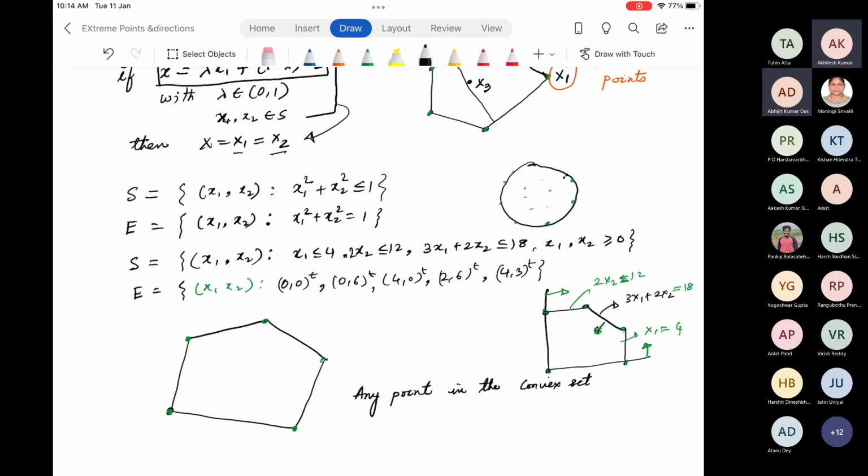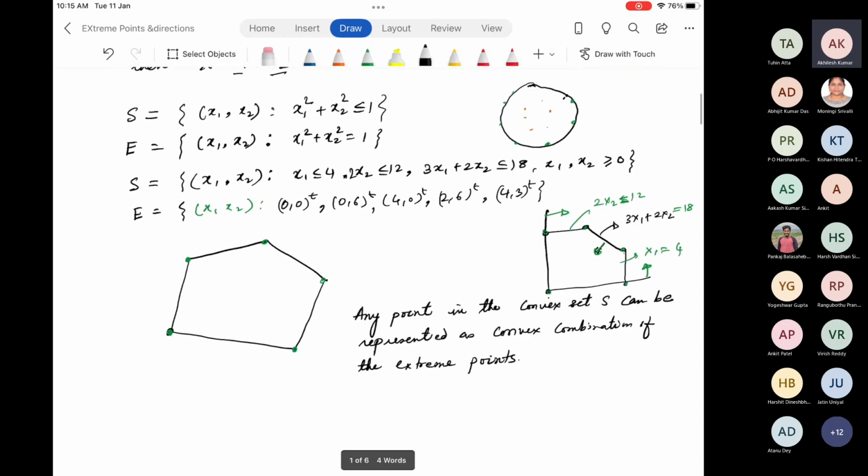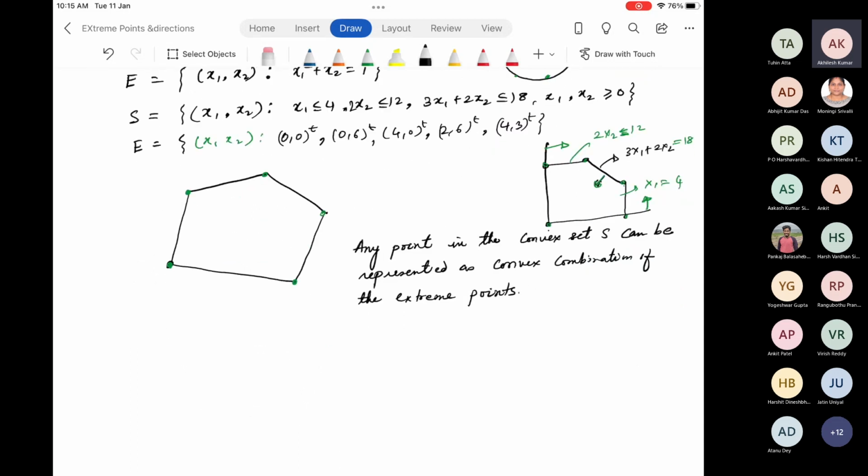Any point in the convex set S can be represented as a convex combination of the extreme points. This is one of the important results. Are you able to see that?